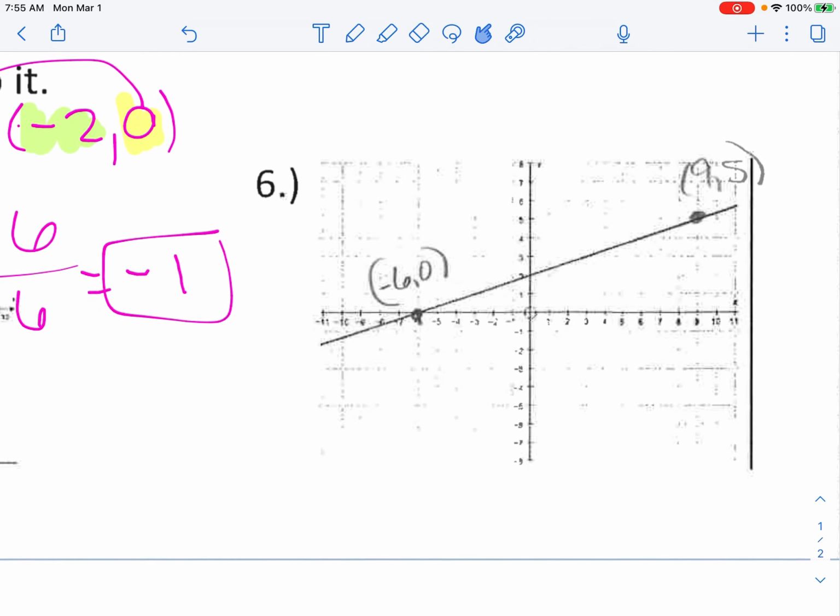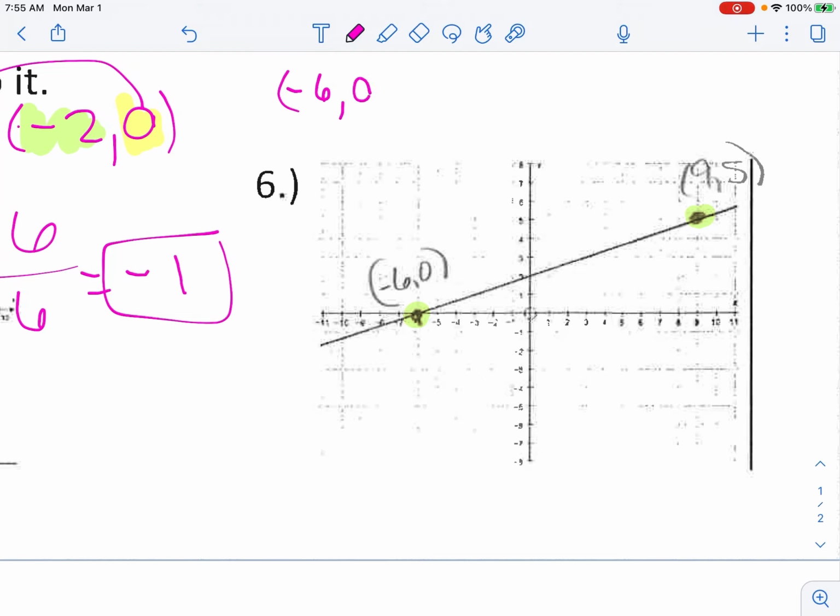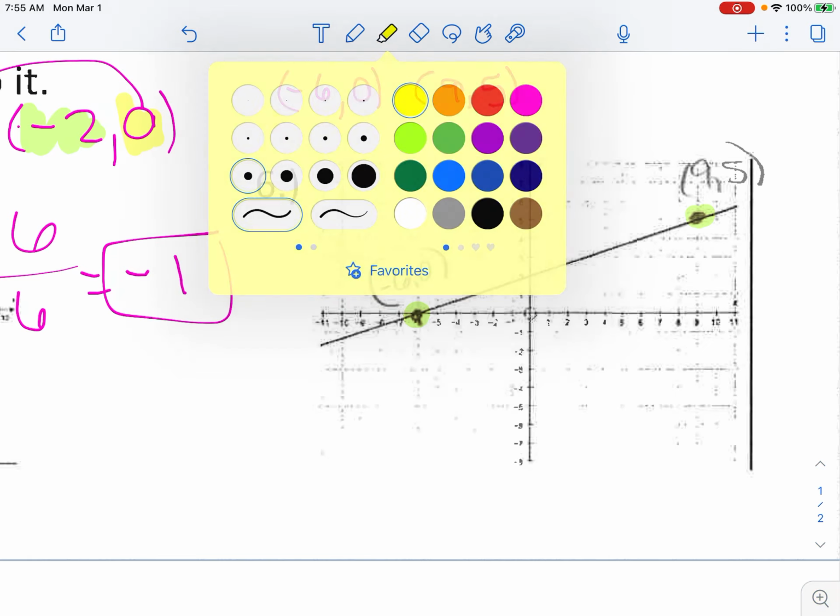Okay, let's try one more. So on this one, I chose points -6, 0 and 9, 5. Given those 2 points, I can now calculate the slope of the line. So I'm going to put those up here, -6, 0, beside 9, 5.